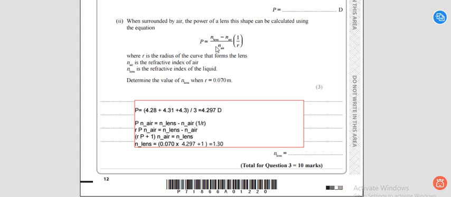So we will rearrange this equation to get N liquid to one side and the other variables on the other side.